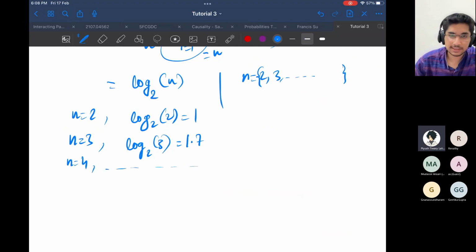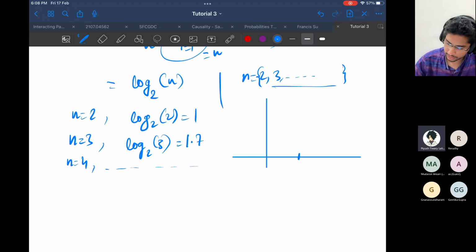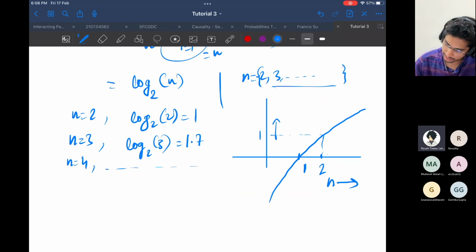And you cannot write everything. I hope you can see because there are many values here. So in these cases, what should you do? You should just plot the log graph. The graph of log is something like this, right? So you see it is always increasing. Its value is always increasing on the y-axis.